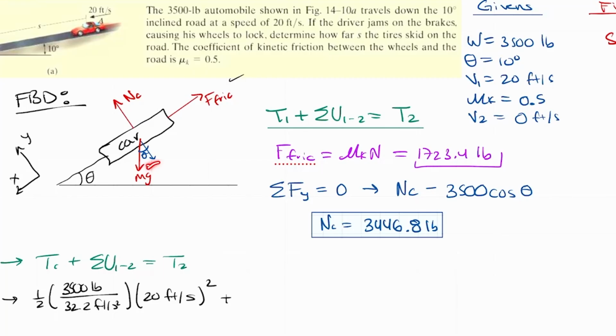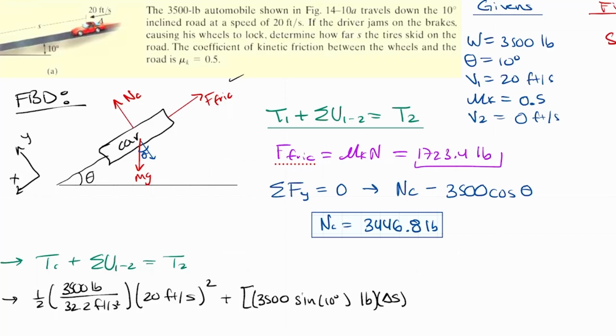And notice because it's going in the positive direction, we're going to add that there. So this will be plus 3,500 sine of the 10 degrees, in pounds, times how much it displaces. So times delta S, I'll keep it delta S so that you guys don't get confused with the things that I'm writing here.